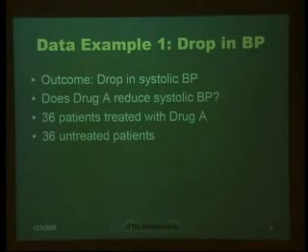Okay, so this was an example used last month. The main outcome of the study was drop in systolic blood pressure. So there were two groups, and they wanted to know if drug A reduces systolic blood pressure.